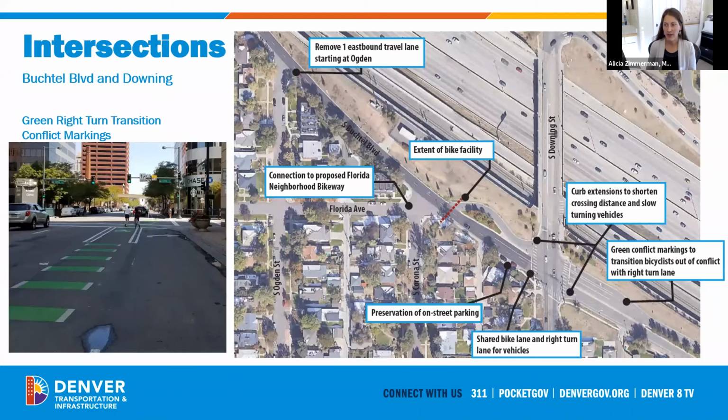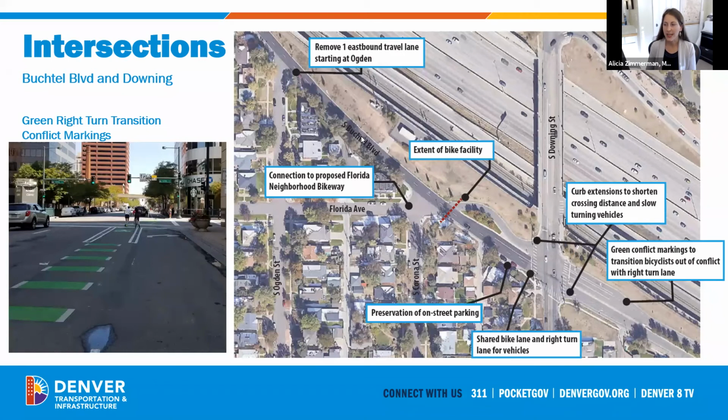This is Florida Avenue, which is basically our connection point on the west end. The reason this says extent of bike facility is because the bike facility ultimately connects to Florida Avenue, so it doesn't just dead end. It's going to connect to Florida Avenue and other appropriate bike facilities there.